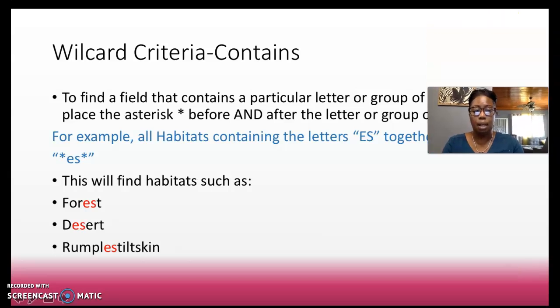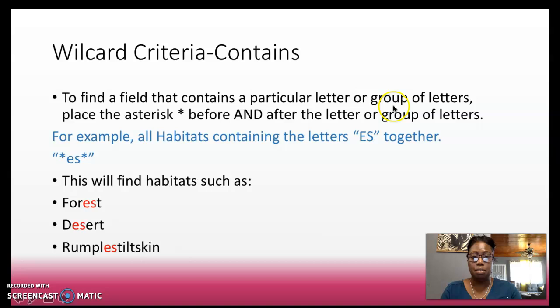The last wildcard criteria is the wildcard criteria that will find words that contains. So to find a field that contains a particular letter or group of letters, you are going to place an asterisk before and after the letter or group of letters that you are trying to find.